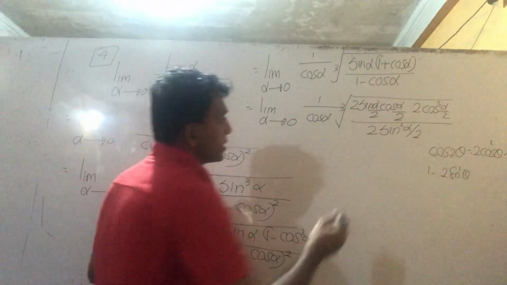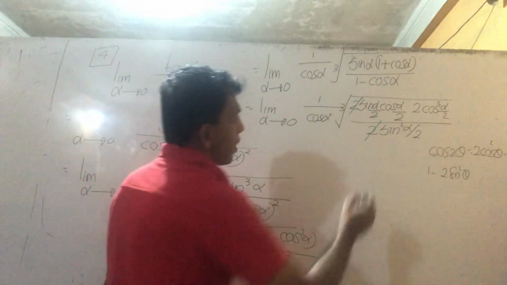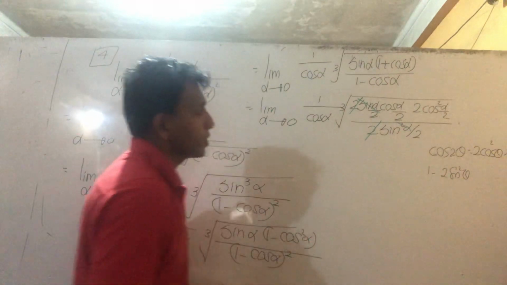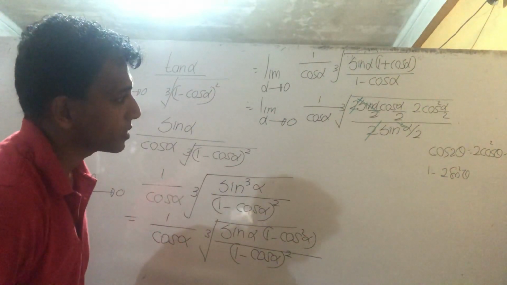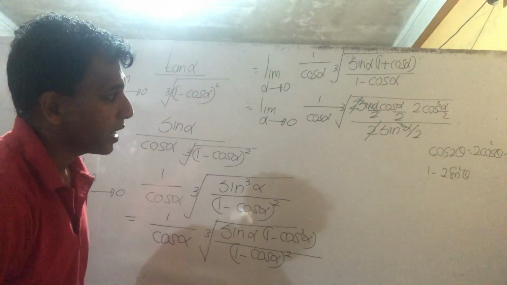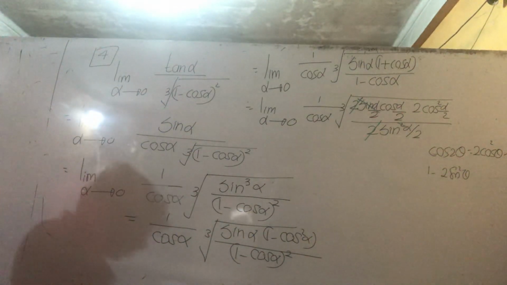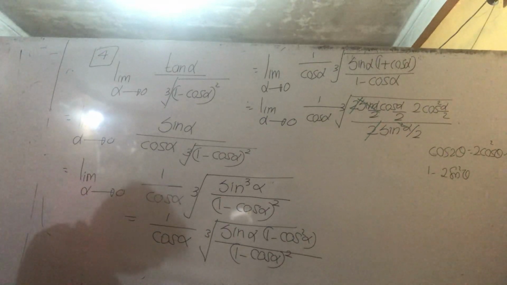Now simplify. See here a 2 cancels, and here a sine alpha by 2 cancels. So remaining is 1 sine alpha by 2 available. So simplify and see, sine square alpha by 2.